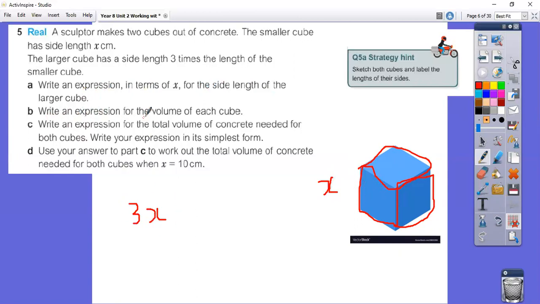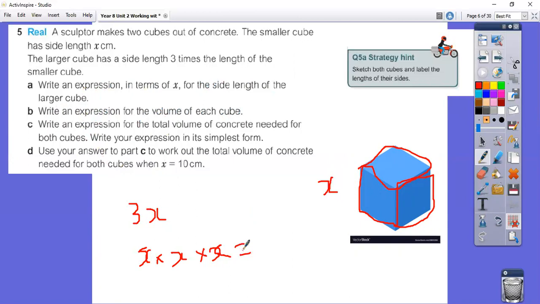And then part B says write an expression for the volume of each cube. Now remember, the volume of the cube is the length times the width times the depth. So that's going to be x times x times x for the volume of the smaller cube.